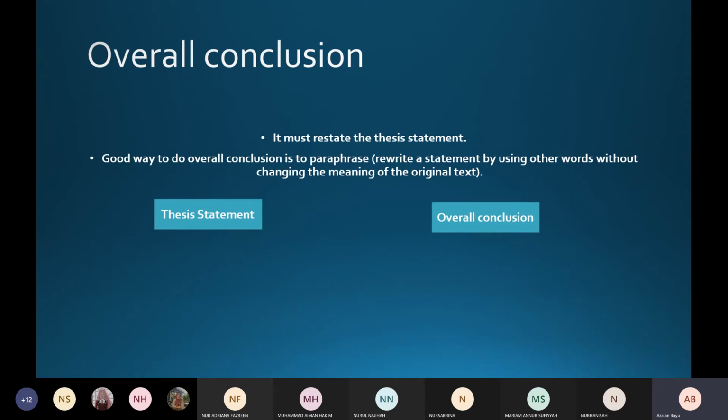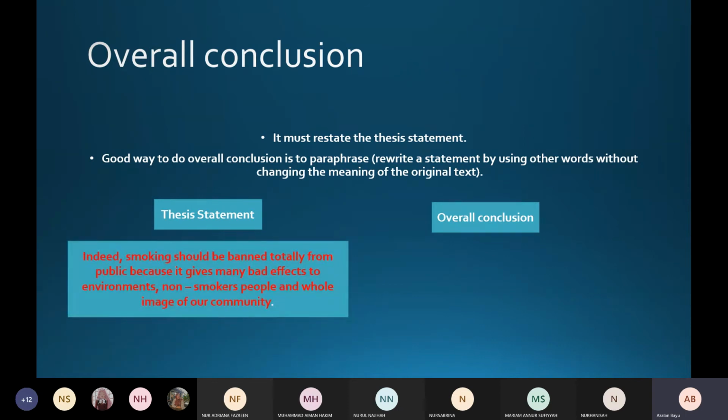So you kena ambil thesis statement yang atas sekali tu, and then you masukkan sebagai overall conclusion, and you ubah sikit atau kita panggil paraphrase. Where you have to rewrite the statement by using other words without changing the meaning of the original text. Contohnya, thesis statement you adalah ini. You jangan ubah maksud thesis statement, because conclusion mestilah tally dengan thesis statement, of course. Tapi you paraphrase.